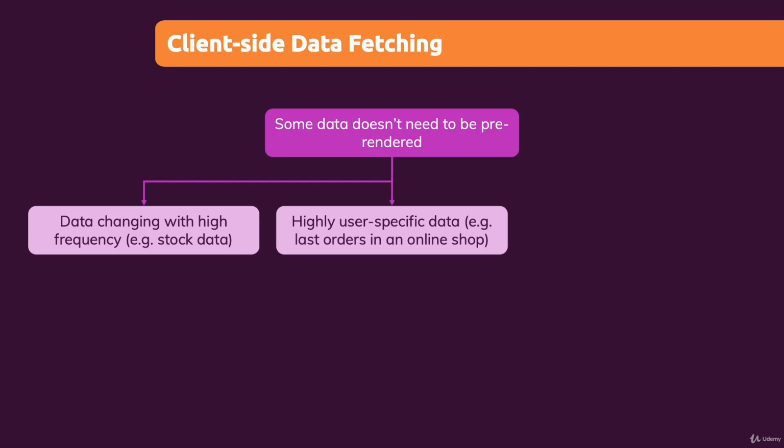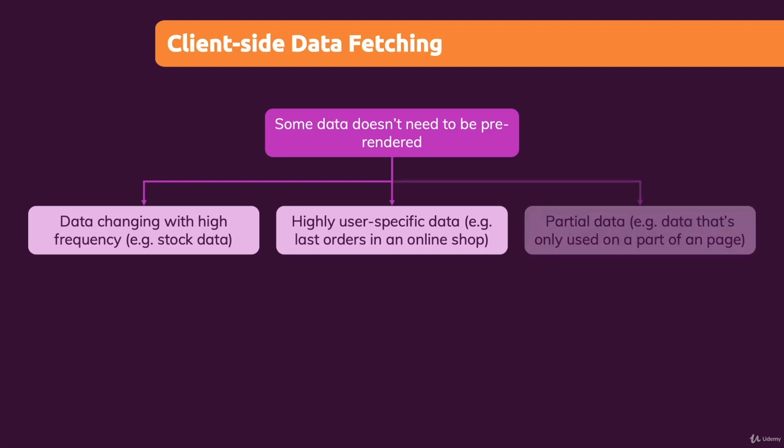Definitely not for search engines, because they won't see your private profile, and also not necessarily for the user experience, because if we go to this page, we might be more than fine with just waiting a second for the data to be loaded on the client. And having a quicker navigation to the page might be more important than having the data available right from the start.